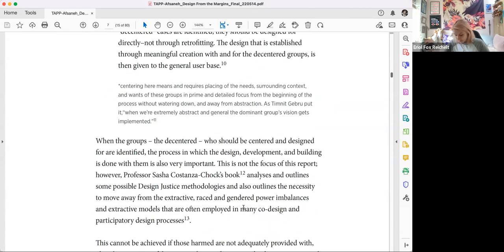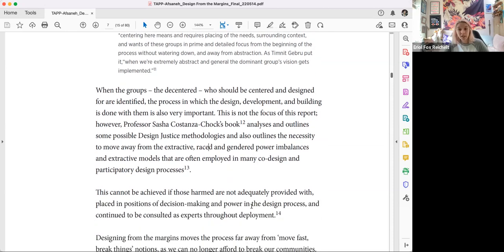Because I'm working on or trying to understand decolonial design practices, I've tried to see where I've noticed things that are mentioning a decolonial approach. We've got a section here which is to move away from the extractive race and gendered power imbalances and extractive models that are often employed in many co-design and participatory design processes, which is very true, and I very much agree with it, very extractive.